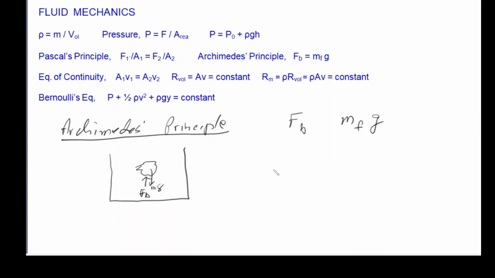So if we draw the free body diagram, we have the force of buoyancy and the weight of the fluid. And in this case, F_B is equal to the mass of the fluid times g.